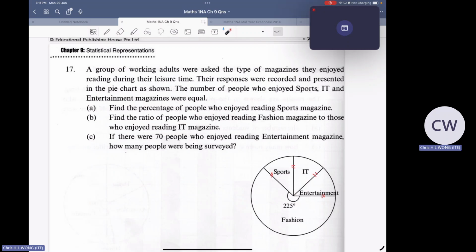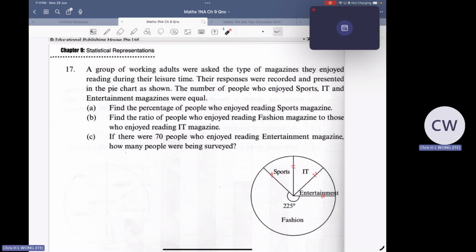But for sports, IT, and entertainment, even though there's nothing there, I can find it very easily, because I can just take 360 minus 225, then divide by 3, and I will know the individual. I have the degree of fashion, and I have the degree of sports, IT, and also entertainment. So it actually makes a lot of difference.